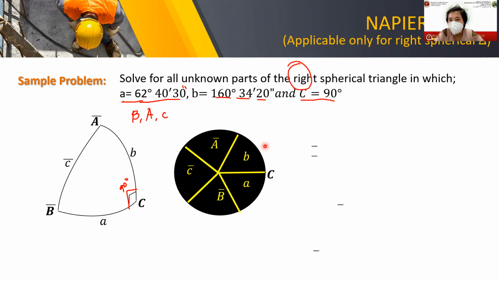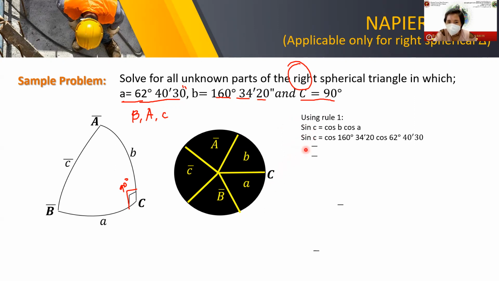So by using the same co-op, the same pad, using the rule 1, since yung rule 1 ay sin co-op, yung sin co-op ay sine of the C, cosine B, cosine A. So if this suffice the rule, sine of C, asan si C? Si C ay nandito. So since sin co-op, opposite ng C, by using rule number 1, we can use C. So yung opposite ni C ay si A and B. Since meron na tayong A and B, so we can compute now the value of C.